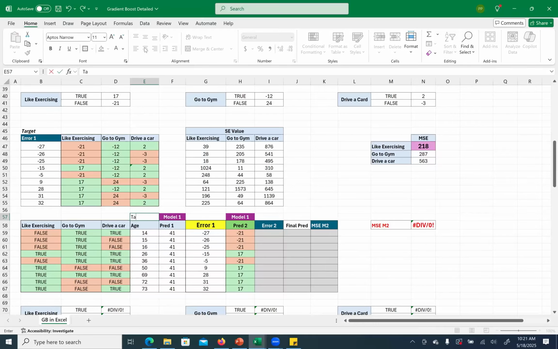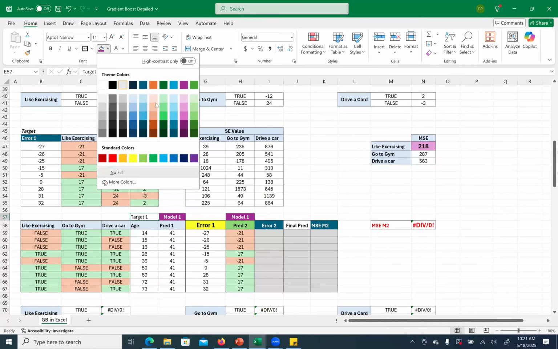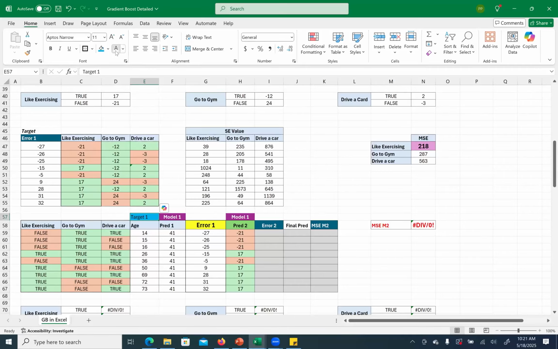This was my target one, right? This was my target because this is what I started with. This is what my target was.